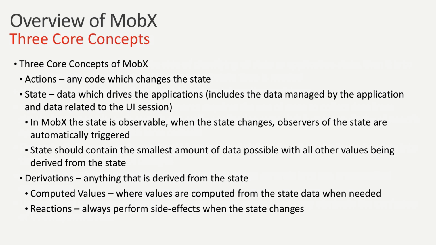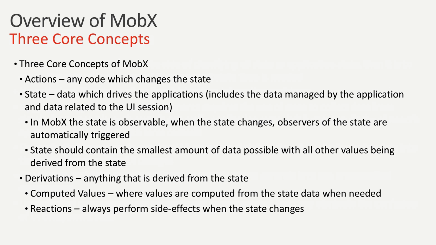Now, in MobX, and really any state management container, state should really contain the smallest amount of data. We shouldn't really be storing computed values and things like that. They are going to come under a different section called derivations. Derivations are computed values and reactions. Computed values are basically anything that we can calculate from the state.